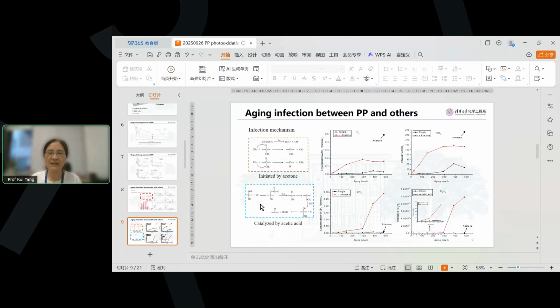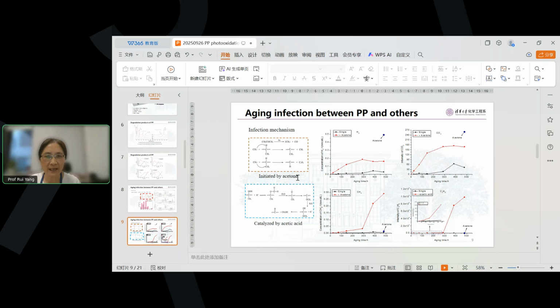And we study the mechanism behind the two typical volatile products. First is acetone. The acetone and acetic acid show a clear acceleration effect. But from the mechanism analysis, we can find that acetone and acetic acid show different mechanisms.